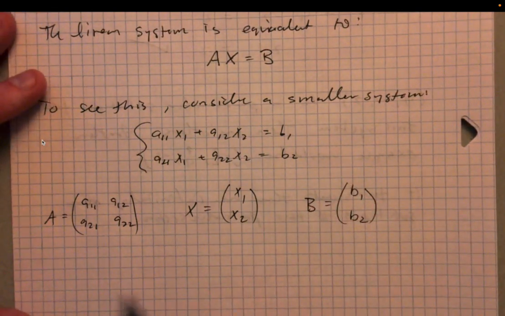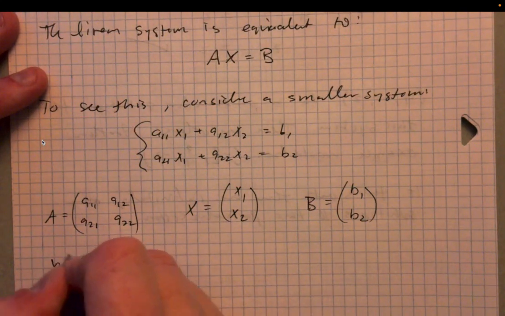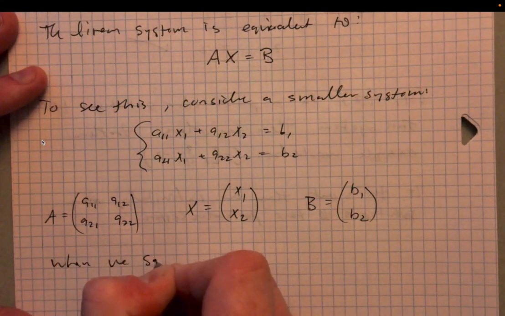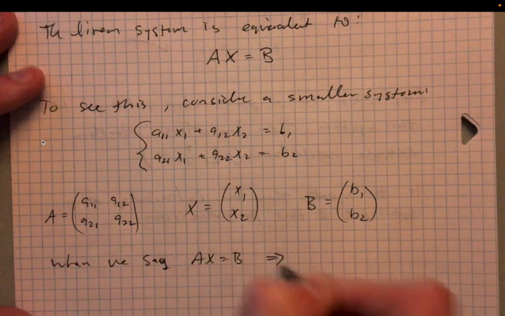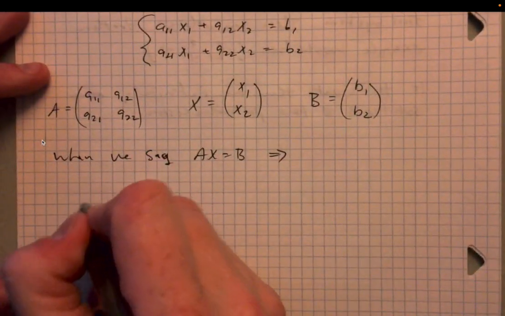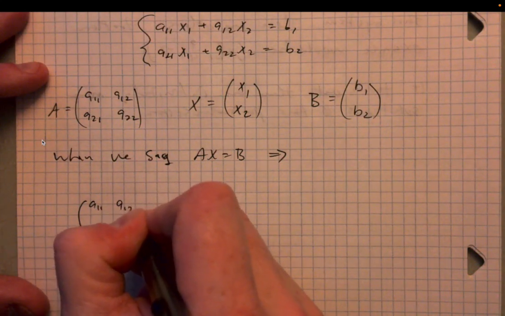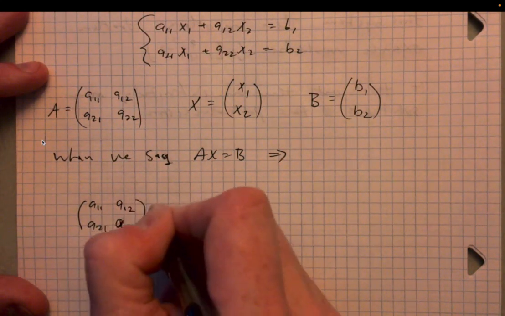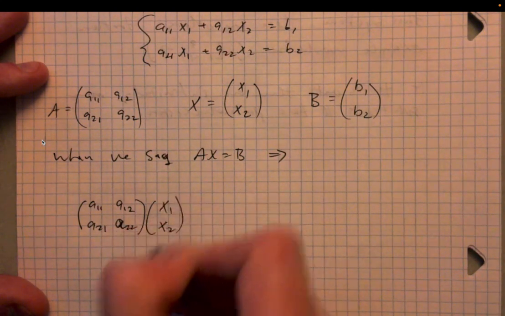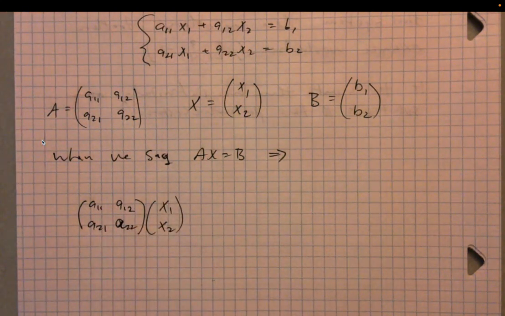Okay. And so when we say AX equals B, what do we mean? We mean A11, A12, A21, A22 times x1, x2. That's matrix multiplication, remember. So what happens when we do this multiplication?